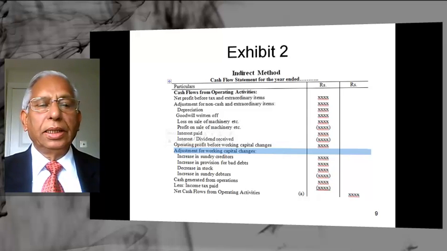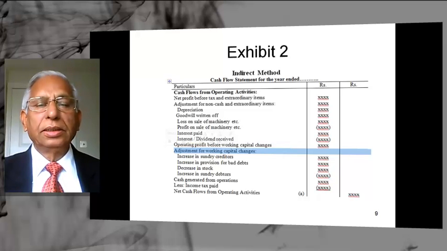Interest paid, interest and dividend received, and then we get operating profit before working capital changes. In other words, we will see later on, when we prepare fund flow statement, this is also known as funds from operations.